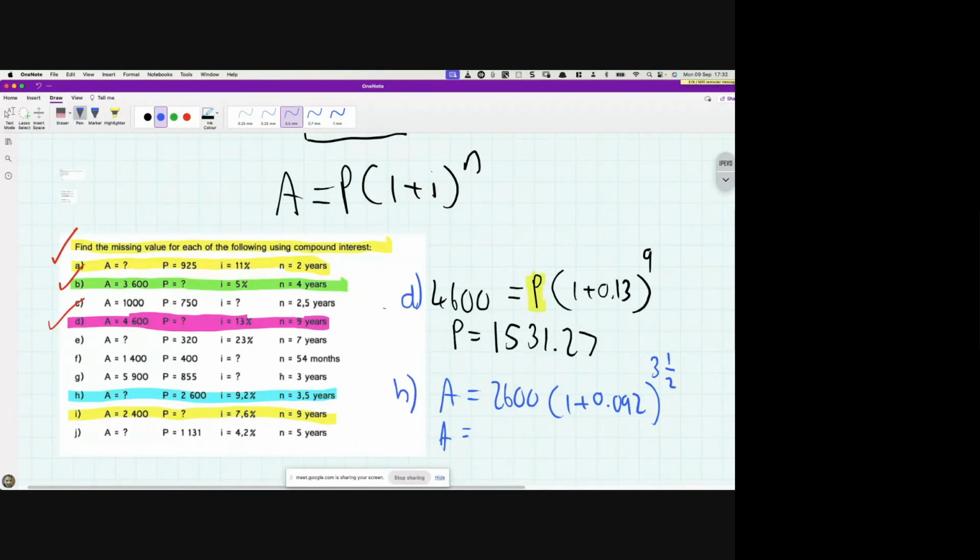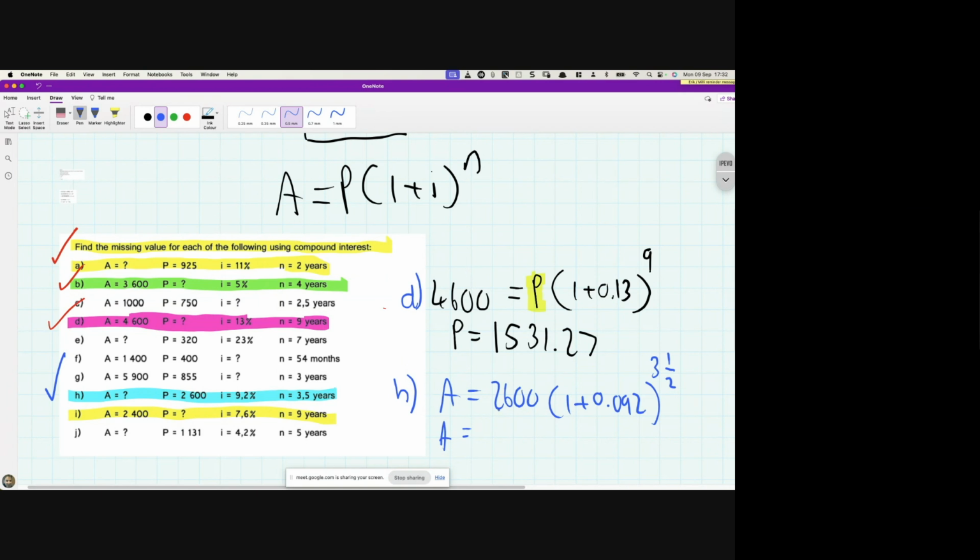So what are we going to end up for H now? I'm trying to work out what the final value is. So if I start life 2,600, I grow at 9.2% per year, and I grow for 3.5 years. What do I end up with? So 2,600 times 1 plus 0.092, close brackets, to the power of 3.5.